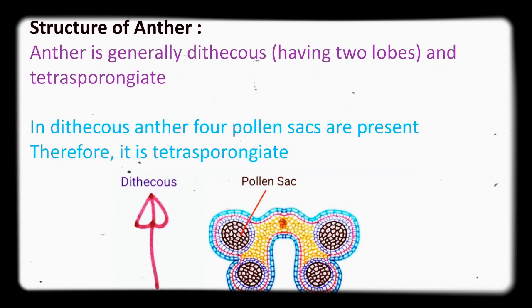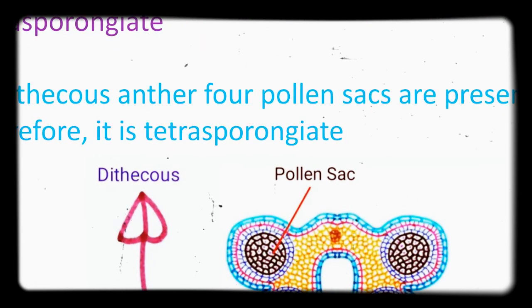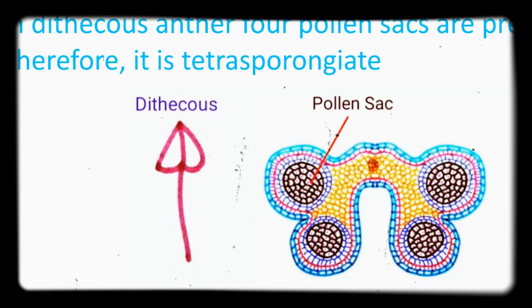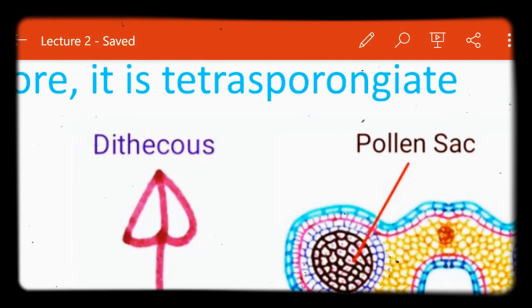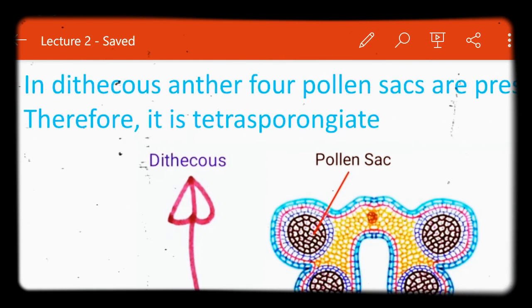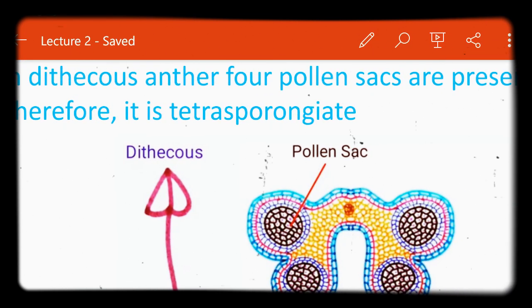Structure of the anther. This is the most important part. It always plays a very important role in the life of the plant. Anther is generally dithecous, having 2 lobes. You can see here this stamen is dithecous, consisting of 2 lobes, one at the left side and one at the right side.